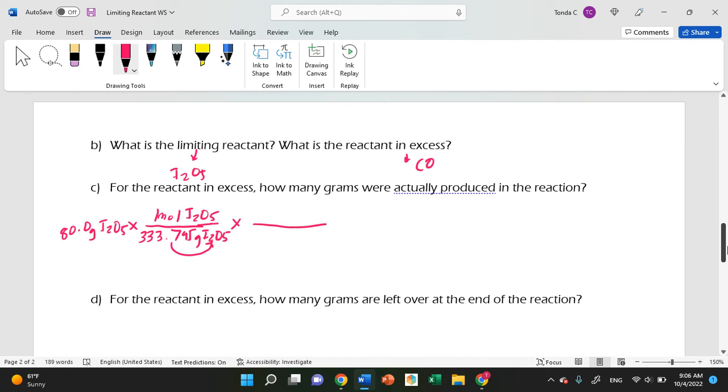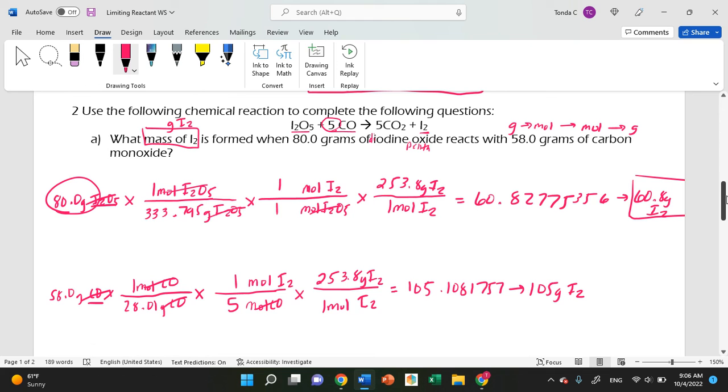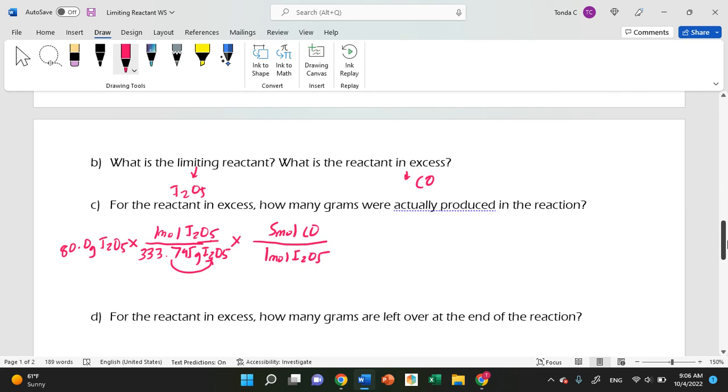Then we can do mole ratio. So if you look at the balanced chemical equation, there's a 1 in front of I2O5, and there's 5 moles in front of the CO. Again, we got that from up above, 5 moles in front of the CO and 1 in front of the I2O5. That allows us to cancel out moles of I2O5, and then I got to go to grams.